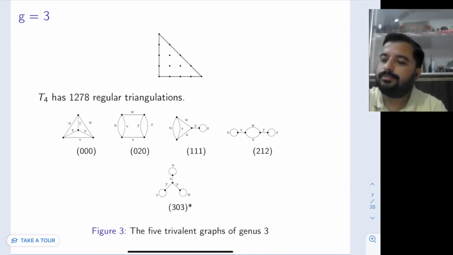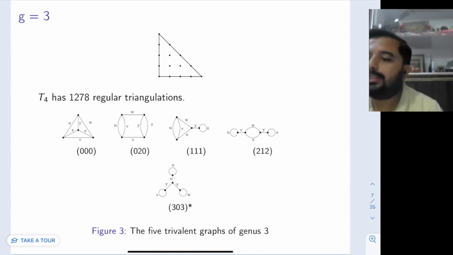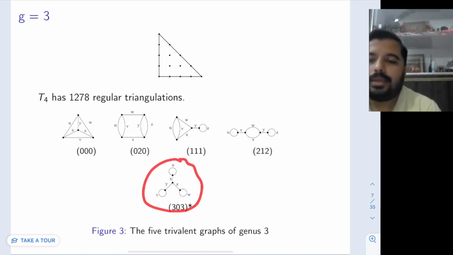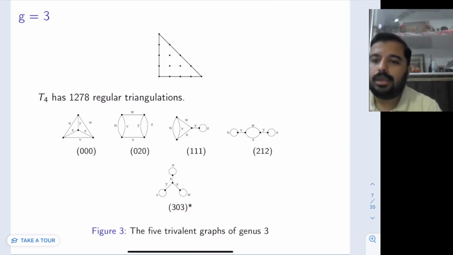As I mentioned, in the case of genus 3, you only need to consider this triangle. And this triangle has 1278 regular triangulations. And as I mentioned, there are 5 graphs on 4 vertices. So these are all 5 graphs that can occur on 4 vertices. And it turns out the one marked with an asterisk never occurred in their computation.